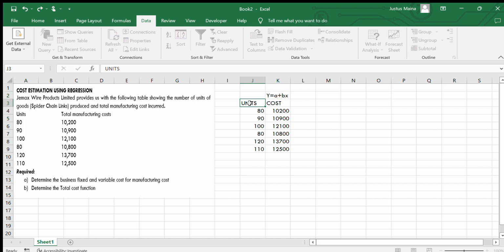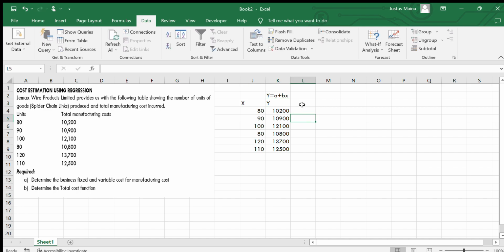This is x, the cost drivers, and this one is y. So we need to look for a and b, whereby a is the fixed cost and b is the variable cost, so that we can use this equation to predict, if given a certain level of output, what would be the cost.